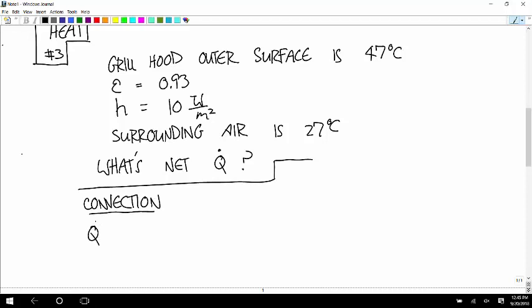We know that Q dot is equal to 10 times, oh, you can't do it because you don't have an area, right? I think I remember seeing that, and I guess I didn't correct it.